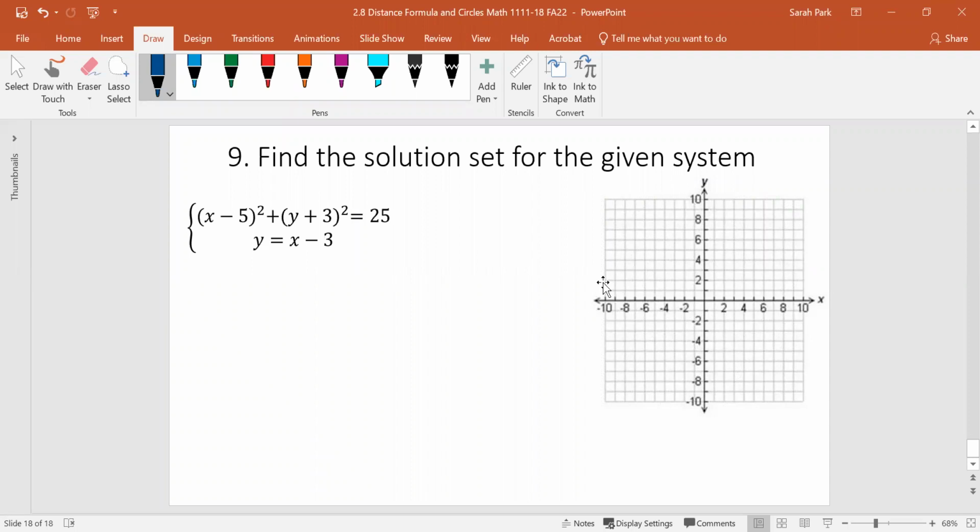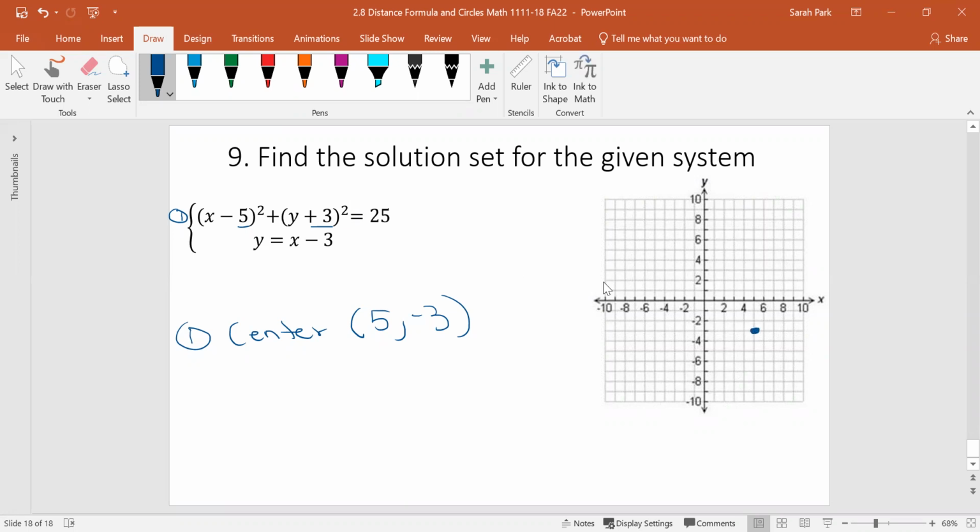Actually, we're going to use the graph to determine where these two equations intersect. So let's look at the first equation, x minus 5 squared plus y plus 3 squared equals 25. The center for equation 1 is 5. And the opposite of positive 3 is negative 3. So let's put the center at 5, negative 3.